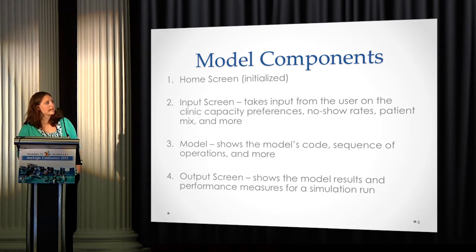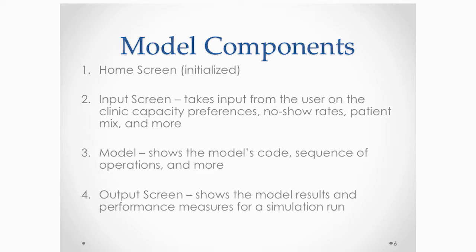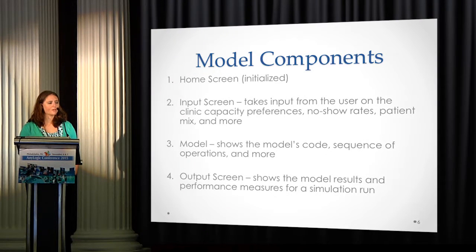So here is an overview of some of the model components. The first one is a home screen. The input screen is the most important component for the physician that's going to be using our model. They want to specify their hours, the expectation of no-show probabilities for their clinic, the patient mix that they're expecting. We even look at arrival rates, and you'll see some of that in a moment as well.